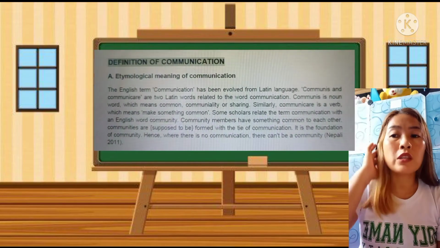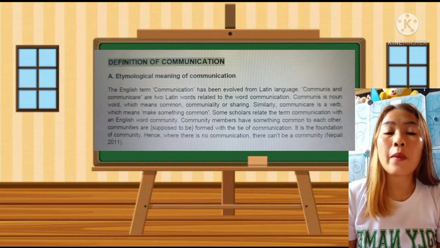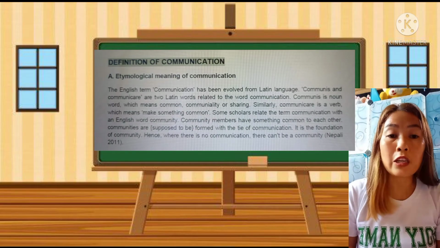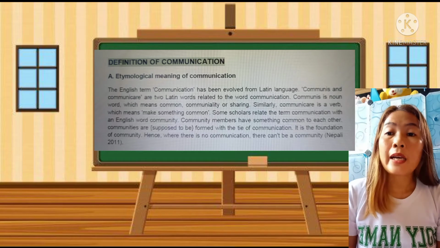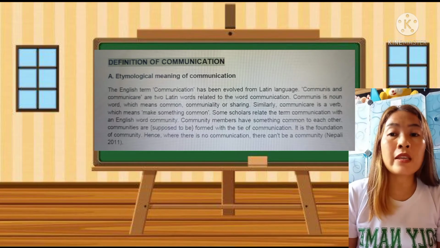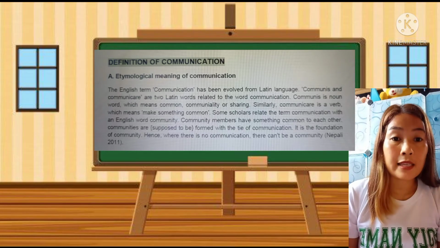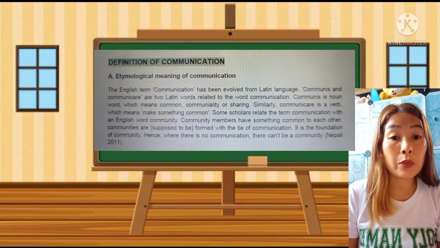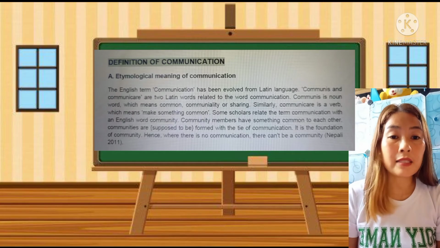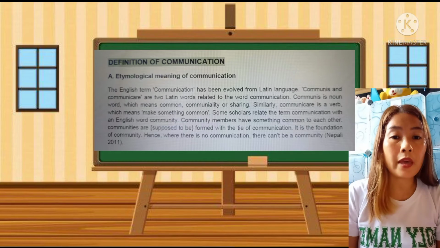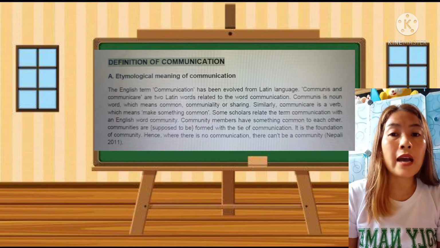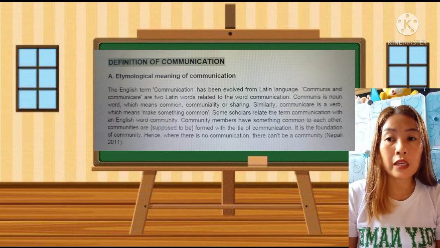The etymological meaning of communication: in English, communication has evolved from the Latin language. Communis, spelled C-O-M-M-U-N-I-S, and communicare, spelled C-O-M-M-U-N-I-C-A-R-E.